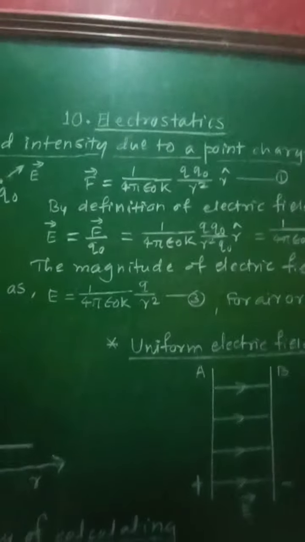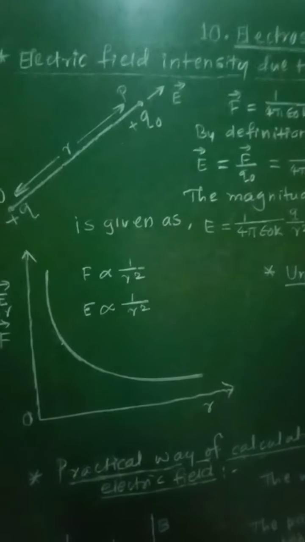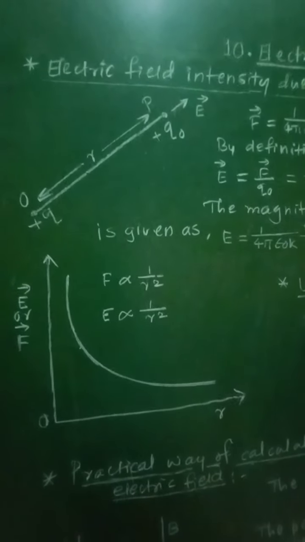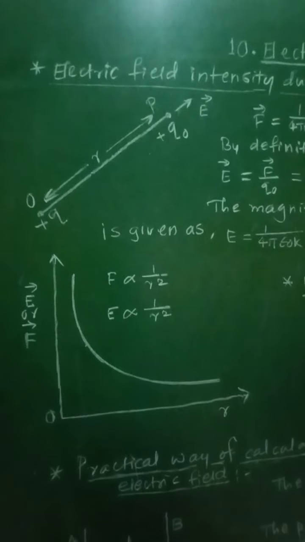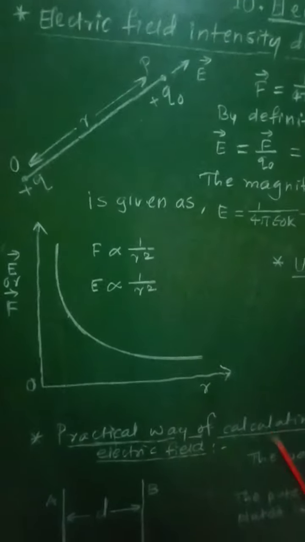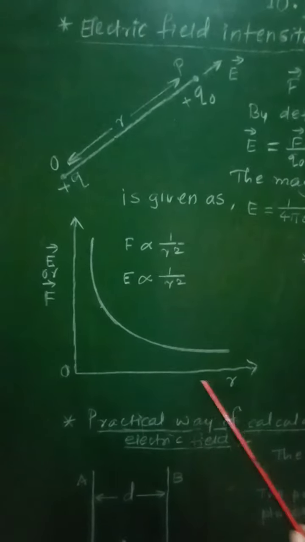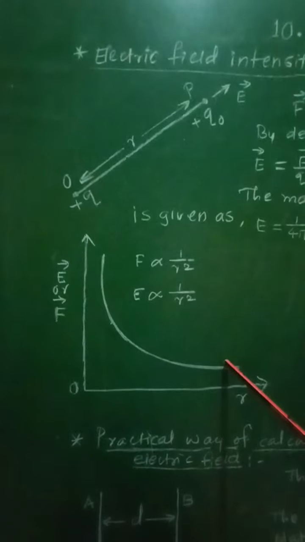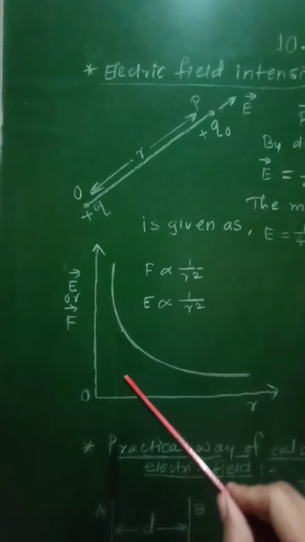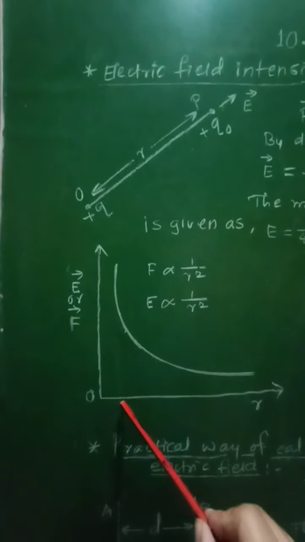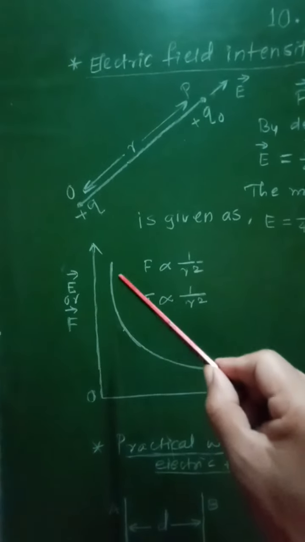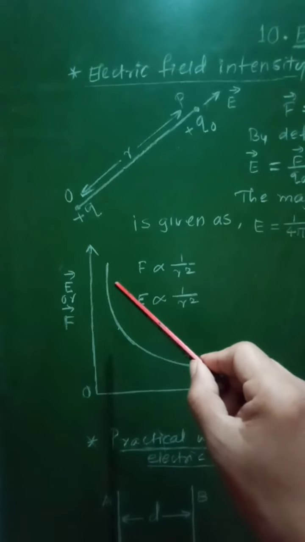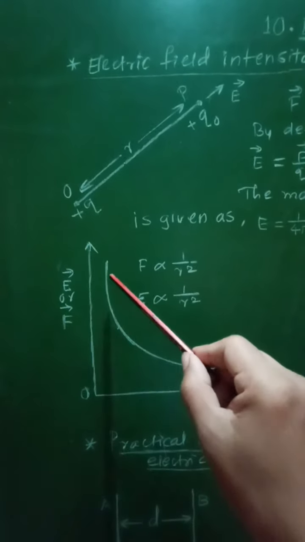And therefore if you plot the graph of electric field intensity or Coulomb force against distance r, then the nature of the graph is as shown, that is the curve. Initially for smaller distances the electric field or the Coulomb force will be large.